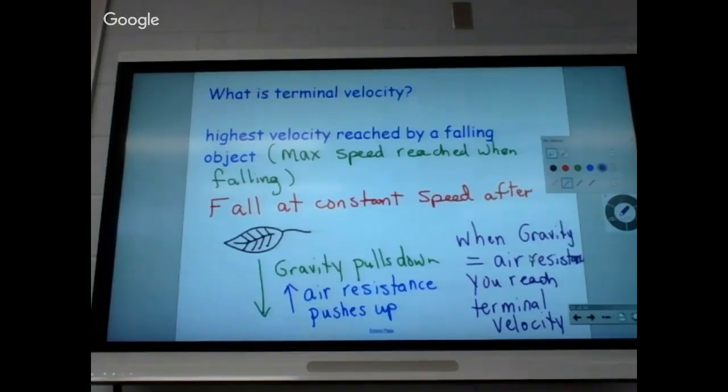As soon as you tell me they have different weights, you get the question wrong. Does mass or weight affect the rate of fall? No. What affects the rate of fall? Their air resistance. Now, if you tell me no, because they have different air resistance, I'm going to give you credit. But if you tell me no, because he weighs more or has more mass, you get no points.